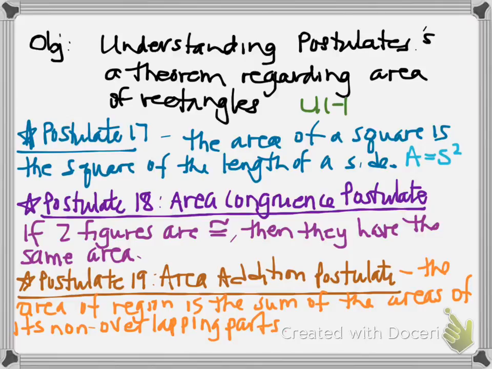Now, I probably can't fit it here, but I want to do a diagram of this. And please don't think, because we will be talking about this shape in a couple days, that this is the best way to figure out the area of the following shape. Okay, everybody good? Can I move? Yes? Okay. So to illustrate postulate 19, the area addition postulate, let's say we have this shape.